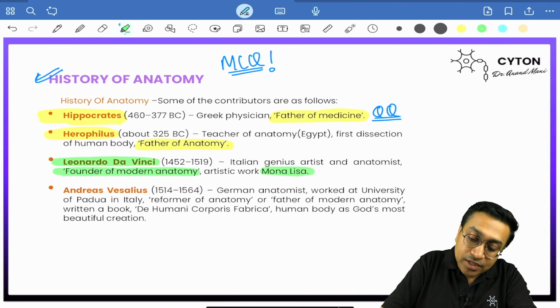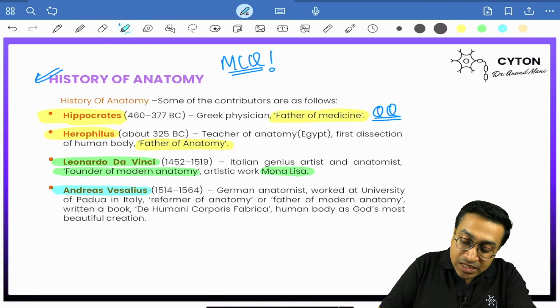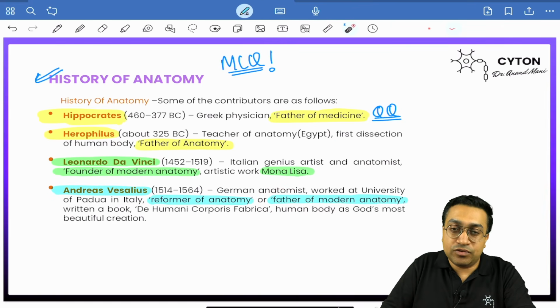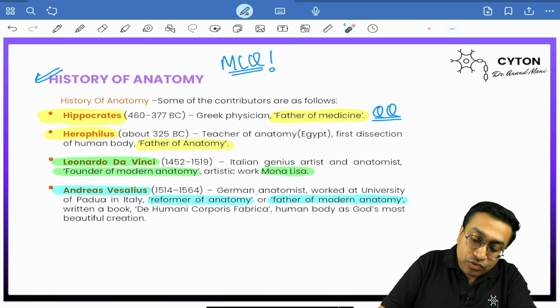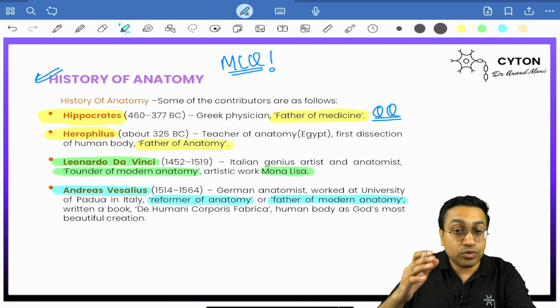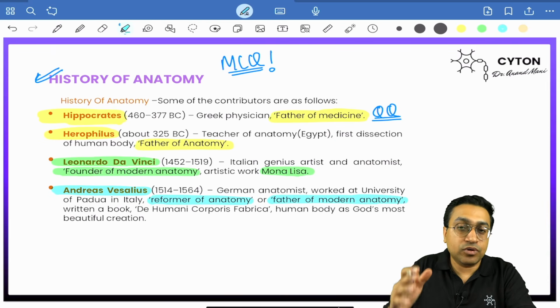Then the name Andreas Vesalius. He is known as the reformer of anatomy, also the father of modern anatomy. See, the founder of modern anatomy is Leonardo and the father is Andreas Vesalius. So there is a difference. Also there is a very famous book which you will get to see. I got to see the hard copy of this textbook in the museum.